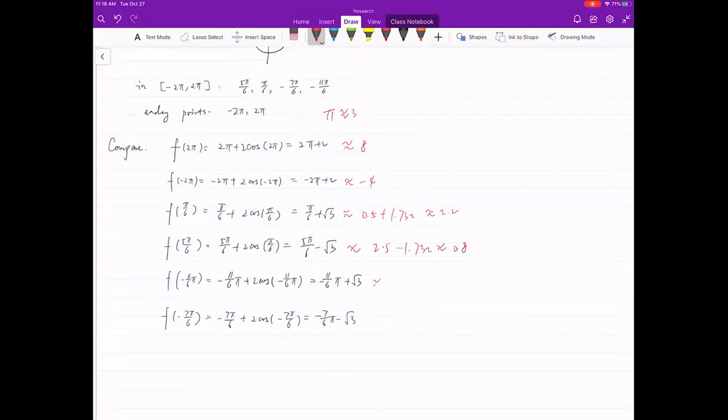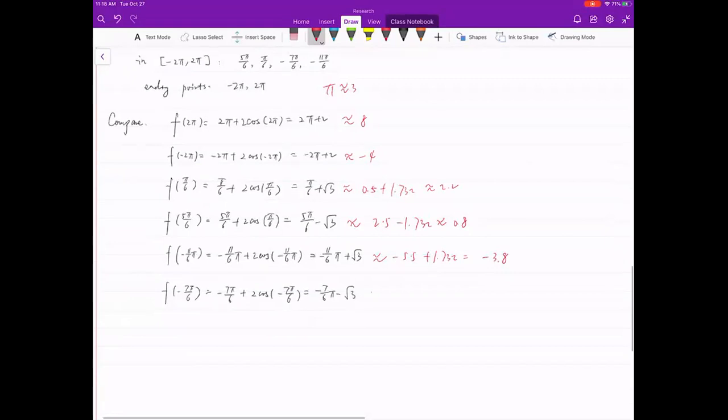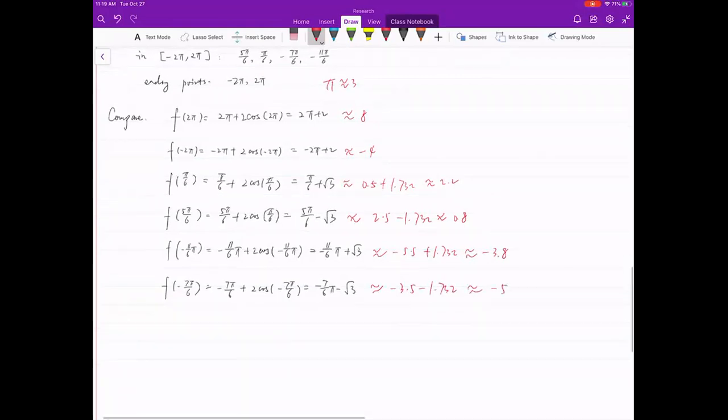Which is -3.8, roughly. Okay, with all that in mind, this is the biggest. This is the smallest.